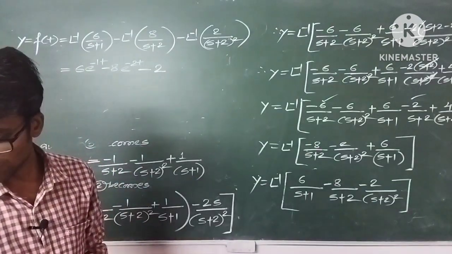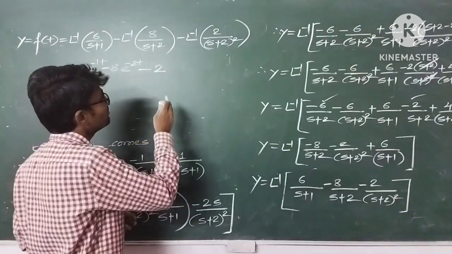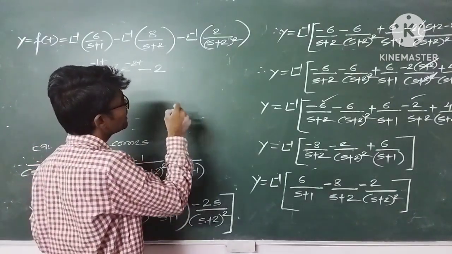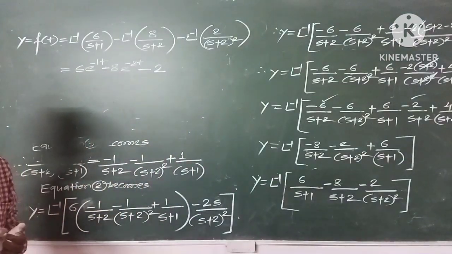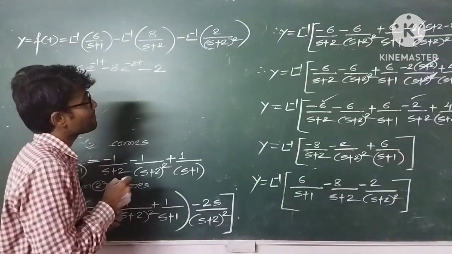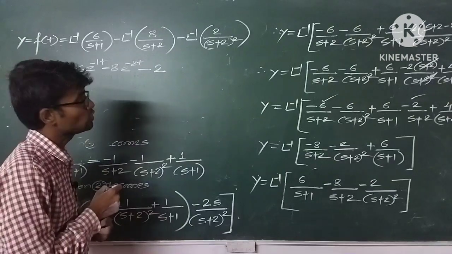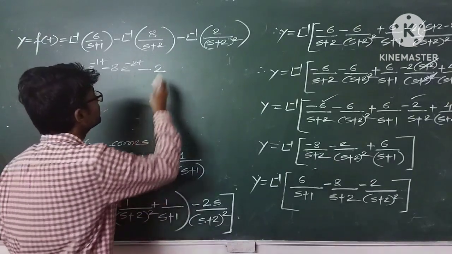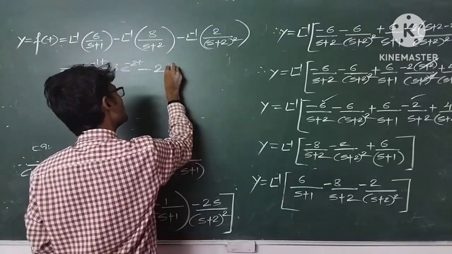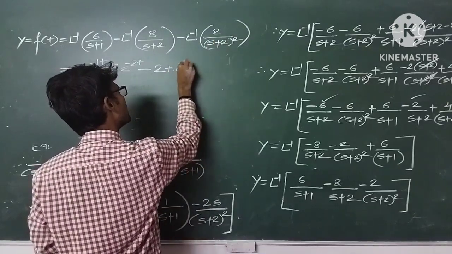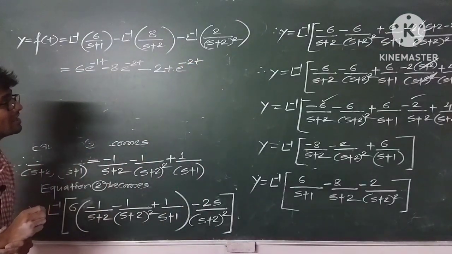So we are having a shifting theorem: the Laplace transform of t into e raised to minus at is 1 divided by (s plus a) whole square. So minus 2 is constant, and the inverse Laplace transform of 1 divided by (s plus 2) whole square is t into e raised to minus 2t, so 2 into t into e raised to minus 2t.